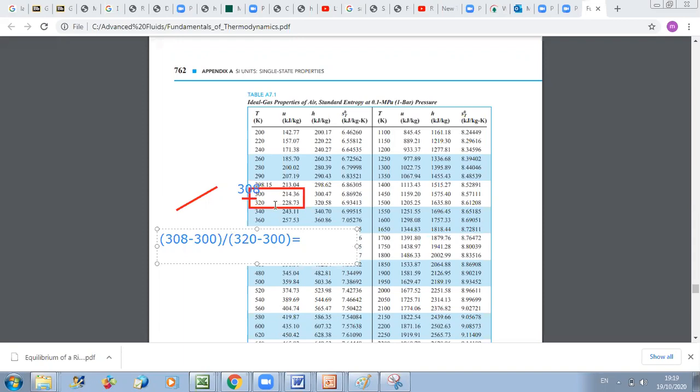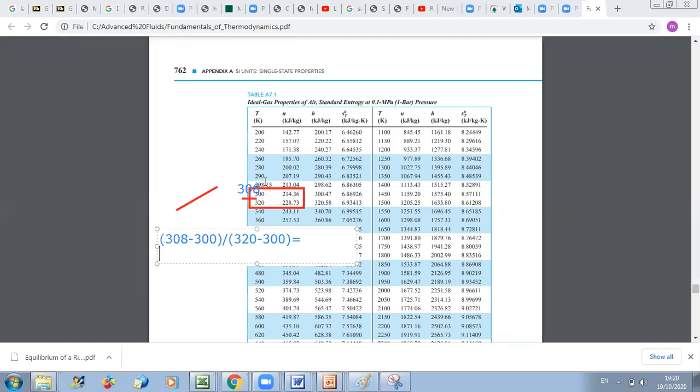And how do you calculate the slope here? You do 228 minus 214 over 320 minus 300. The slope will remain the same. Since your slope will remain the same, it will follow that this ratio will apply.